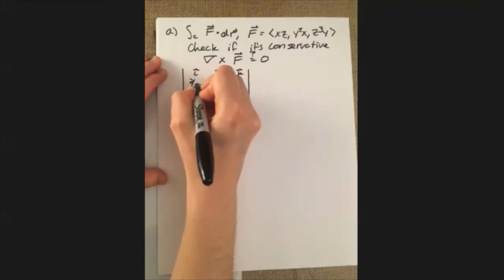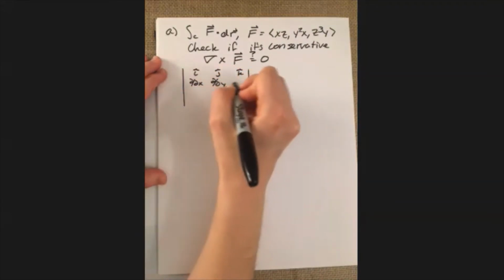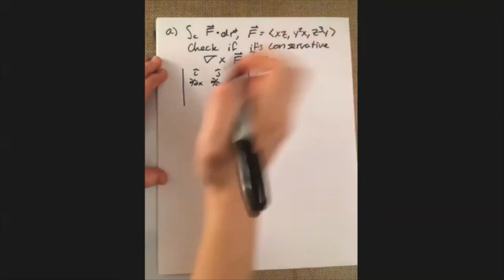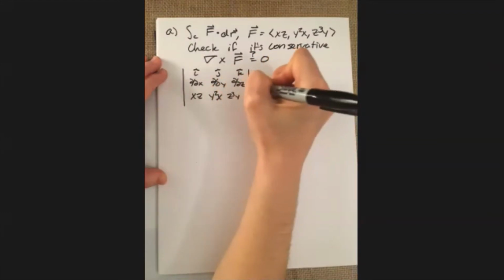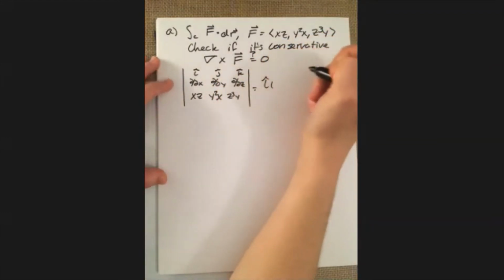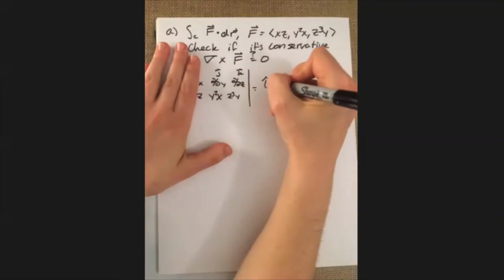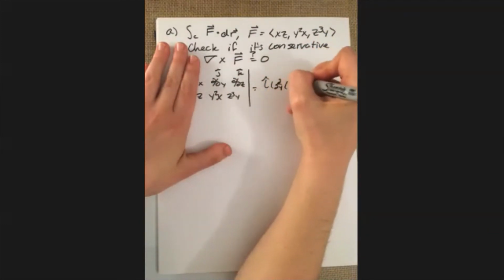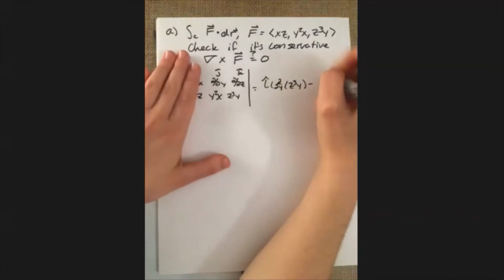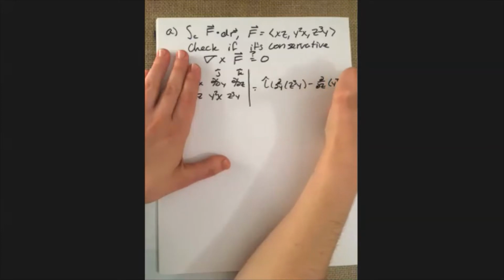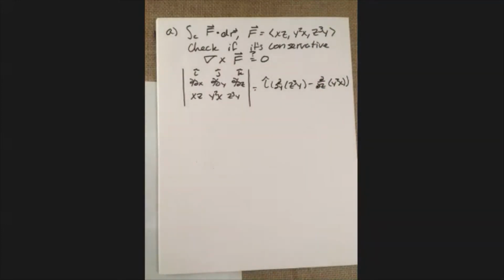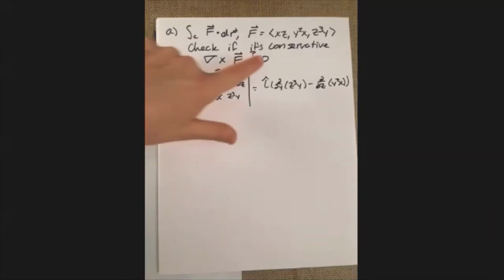So we end up with d dx, dy, dz, and then my components from f: xz, y squared x, z cubed y. And this is equal to, we have i hat times the partial with respect to y of z cubed y minus the partial with respect to z of y squared x. Okay, so before I go any further, one thing that I like to do when determining whether or not it's conservative is that I need every single component of this resulting cross product to be equal to 0.